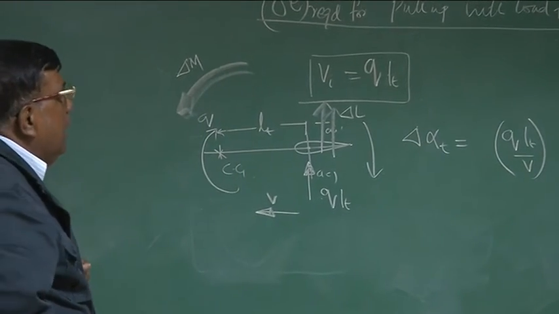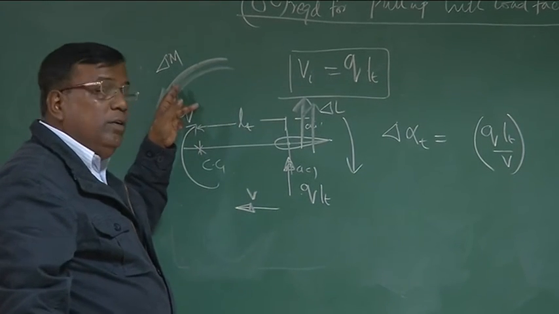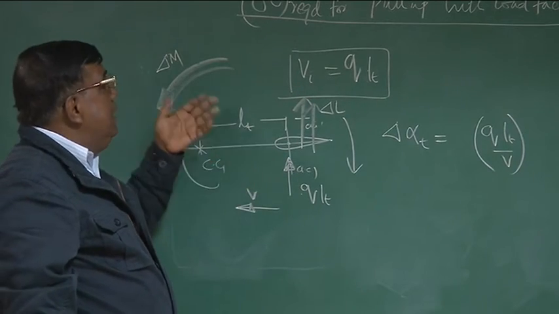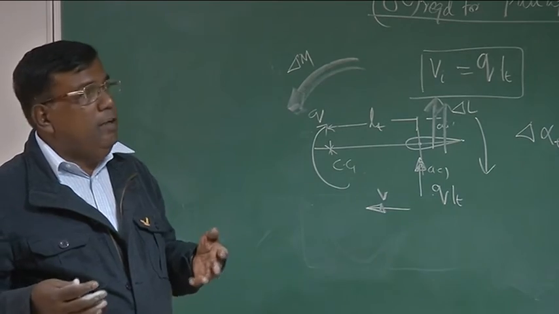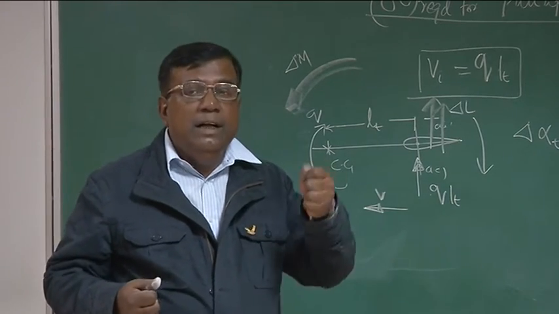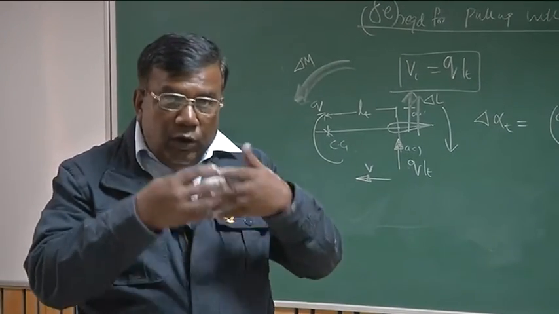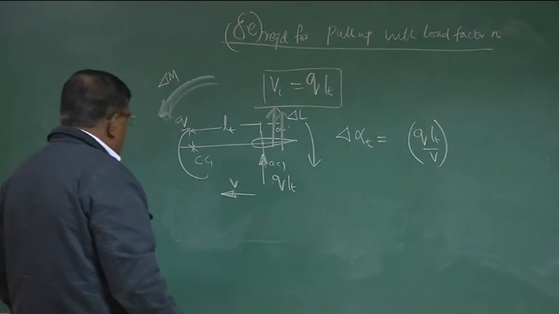One thing you can understand, in a pull-up, since there is an additional nose down moment coming, which is trying to oppose it, I say it is apparently increasing its stability. That is why I need to give additional elevator deflection, because in the process it has become more stable, right?